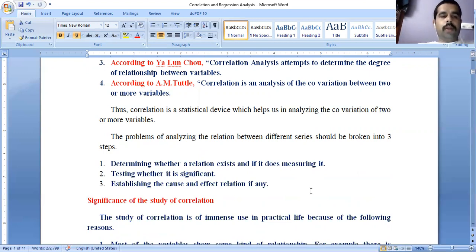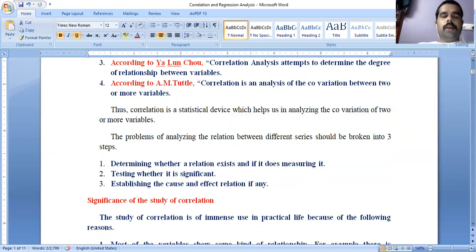First, determining whether a relation exists, and if it does, measure it. Is there a relationship between two or more variables? Then we simply have to measure it with different formulas. Next, testing whether it is significant, whether it is important or not. And establishing the cause and effect relation, if any. We have to observe carefully.